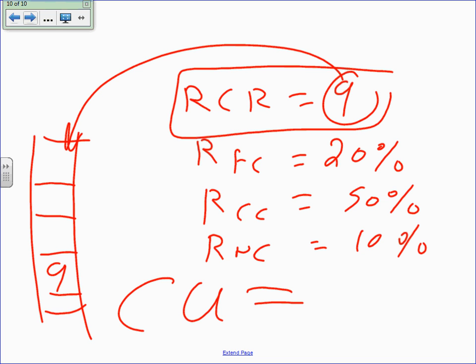Cool? You said that the room cavity ratio is 50%. The room cavity ratio is 9. The reflection from the floor is 20%. The ceiling is 50. The walls are 10.